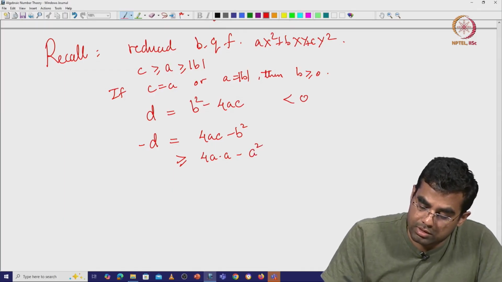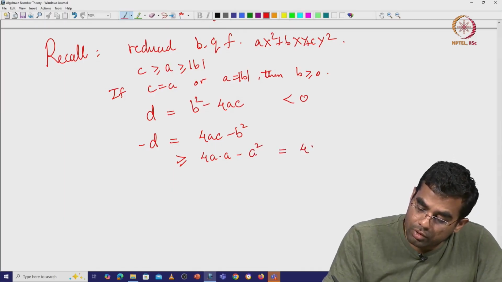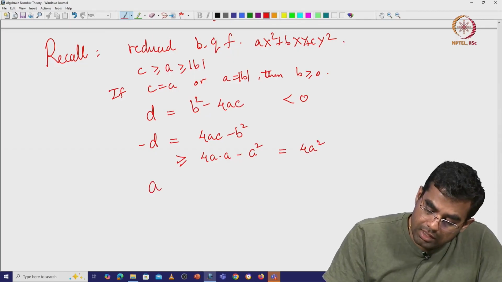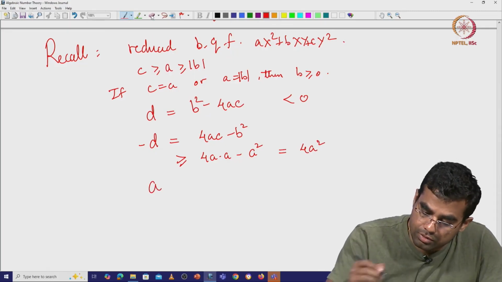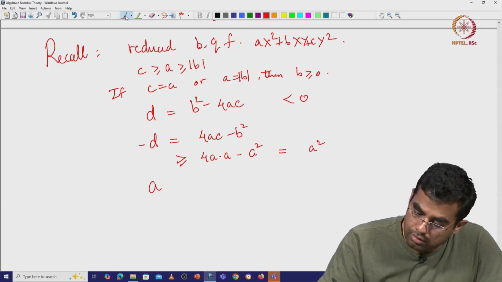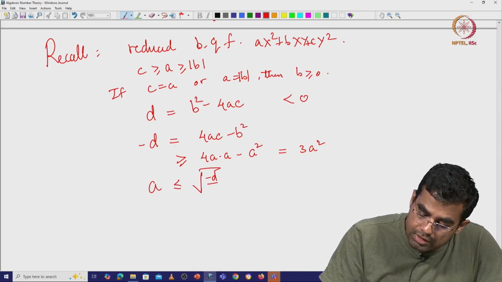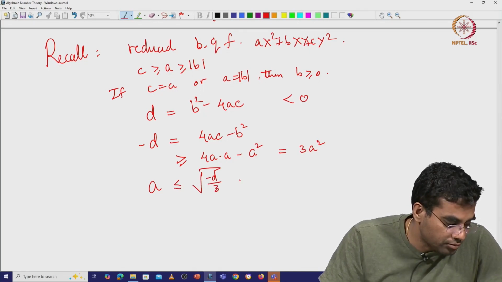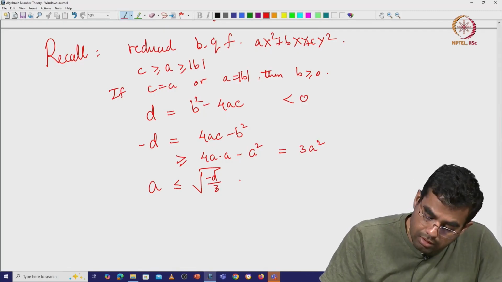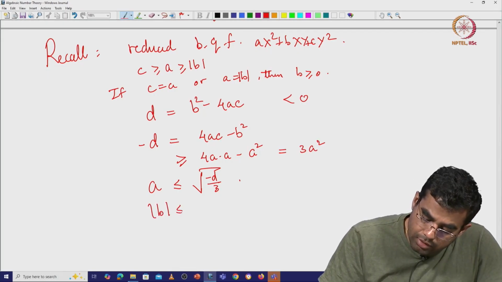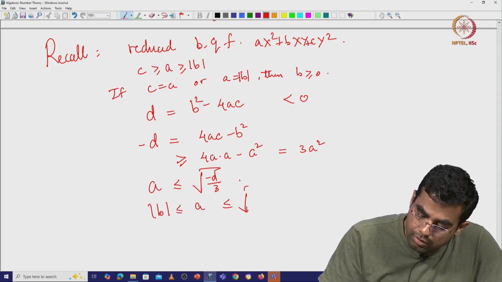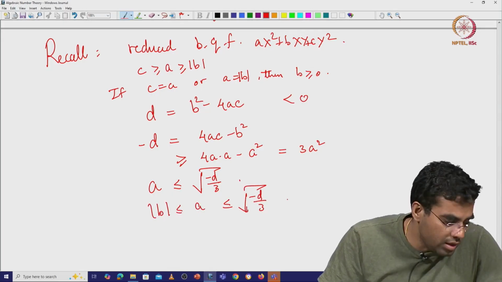So this is 3a squared, which means that a is less than or equal to the square root of minus d by 3, and mod b is less than or equal to a, which is less than or equal to the square root of minus d by 3.